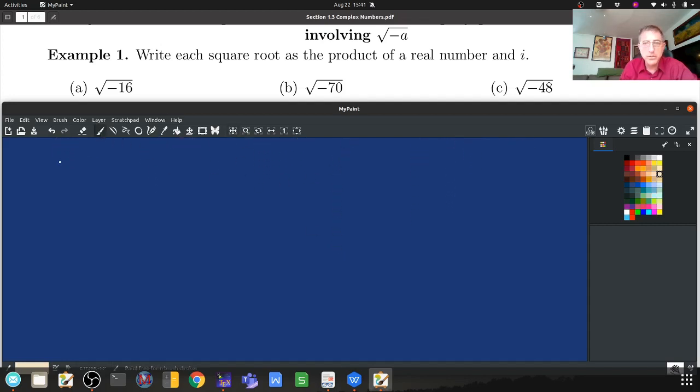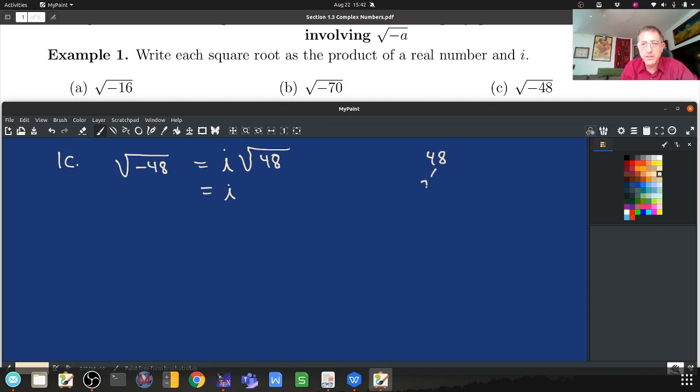And let's do C. The square root of minus 48. By our rule, that's equal to I times the square root of 48. So the question is, can 48 be simplified?